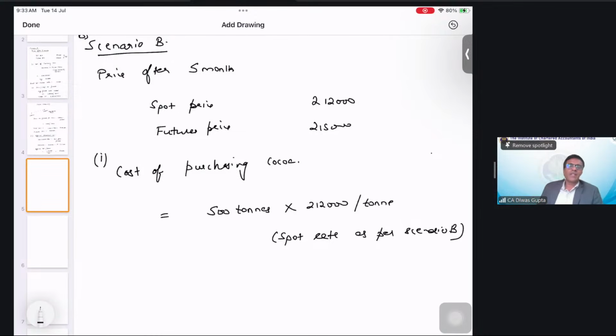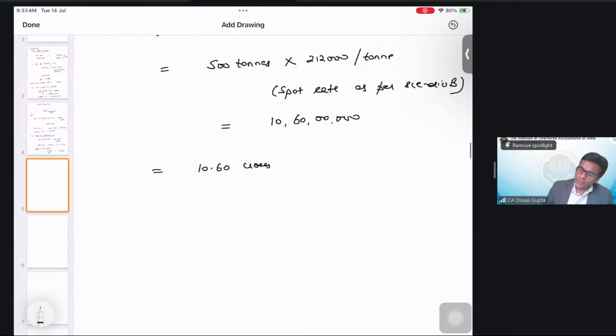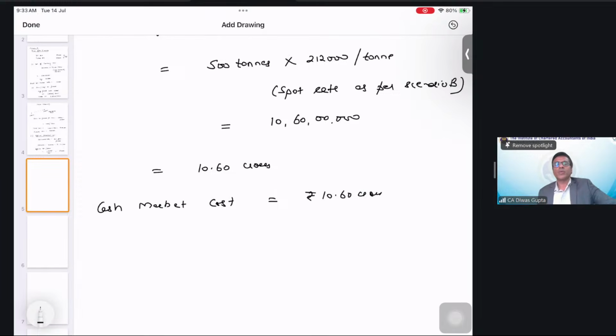Because the transaction from the cash market perspective will happen at 2,12,000 per ton. So this actually becomes 10 crore 60 lakhs, 10.60 crores. So this is the cash market cost of 10.60 crores.